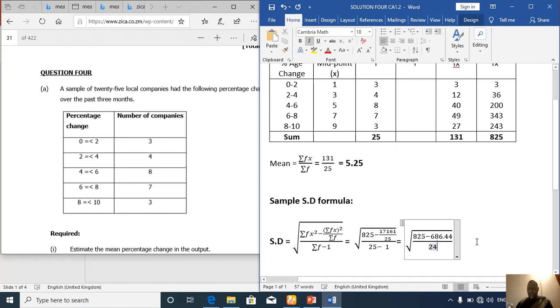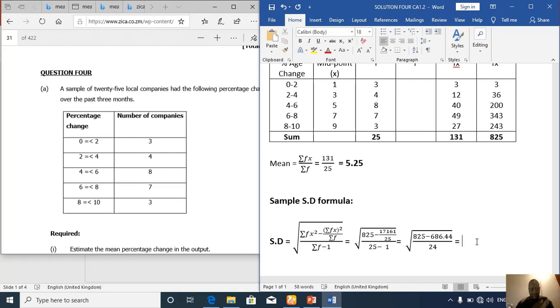So working out everything there, finding the square root for those values, after everything is worked out, your answer should be the square root of 5.664.